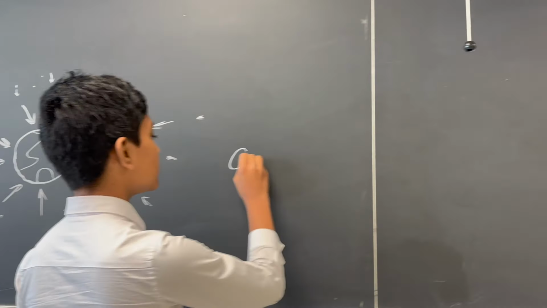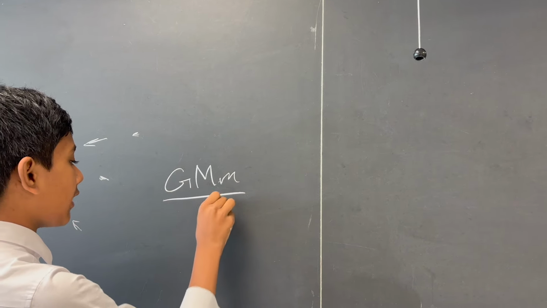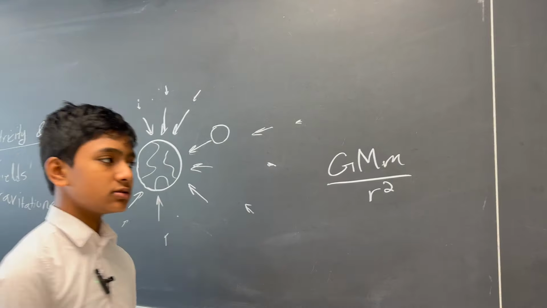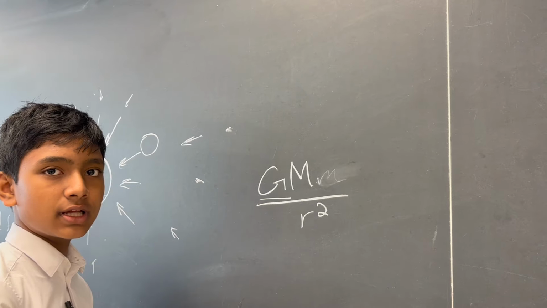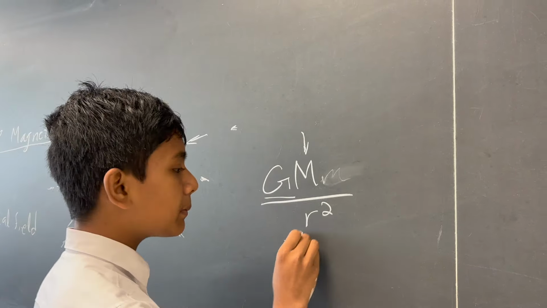And by Newton's laws of gravity, we can figure out the magnitude of this gravitational field at any point in space. So it's just G, the gravitational constant, times the mass of the body that's exerting the field, divided by r squared, which is the distance between the body and whatever point mass we're talking about.